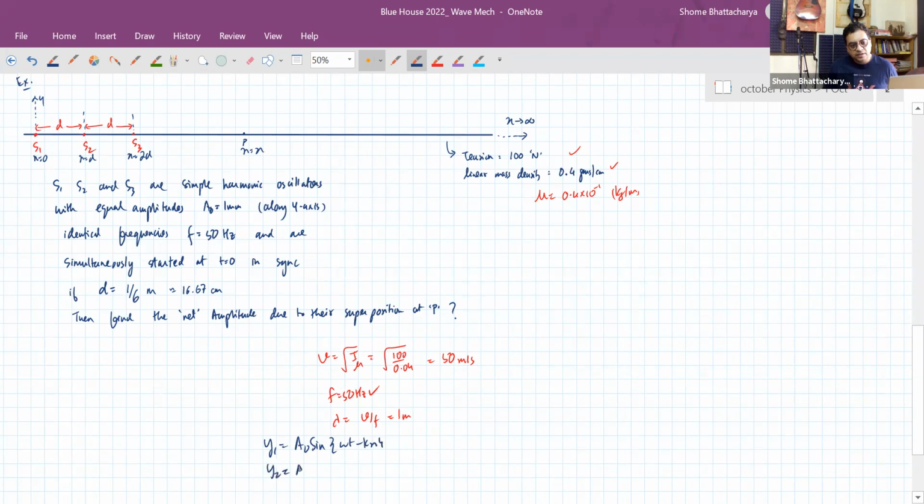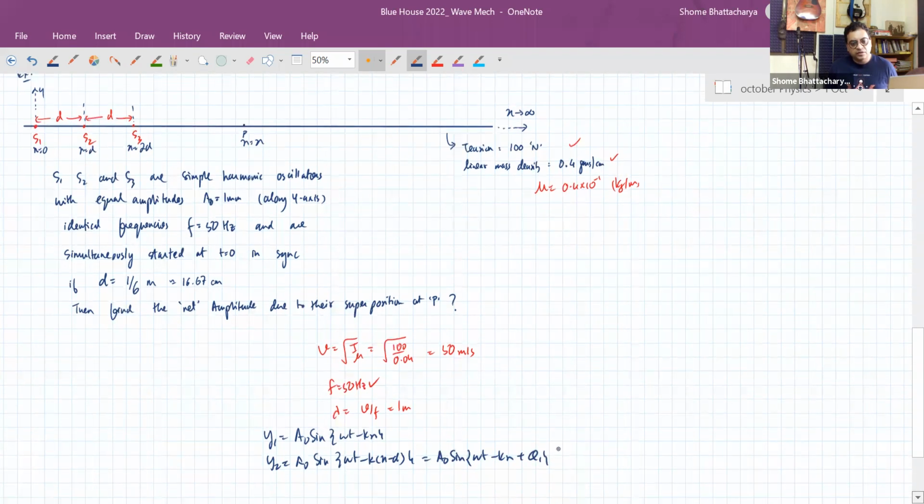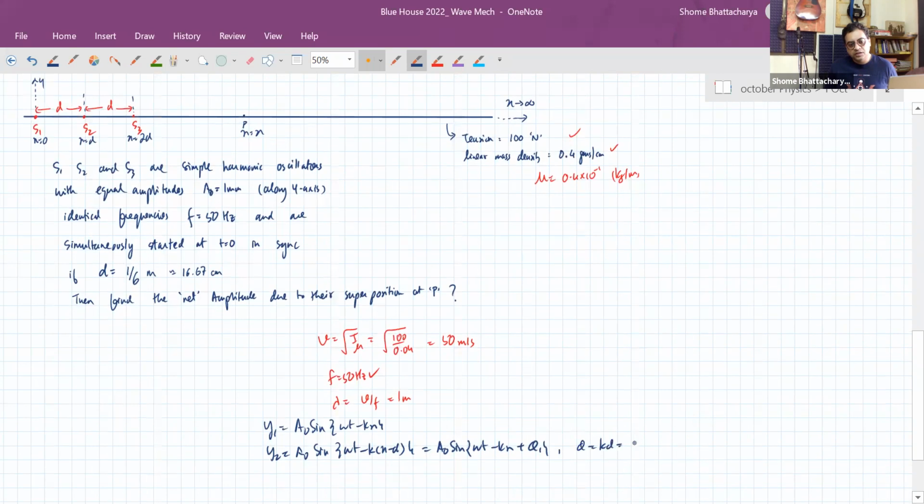The wave coming from the second source is omega t minus k into x minus d. So you can write that as A naught sine omega t minus kx plus phi 1, suppose, where phi 1 is kd or 2 pi by lambda into d. And similarly, the third one is like this.